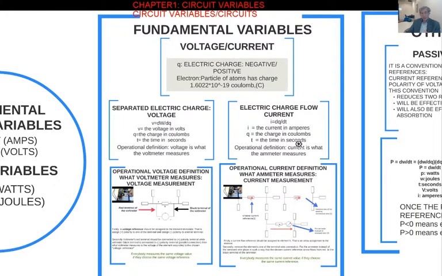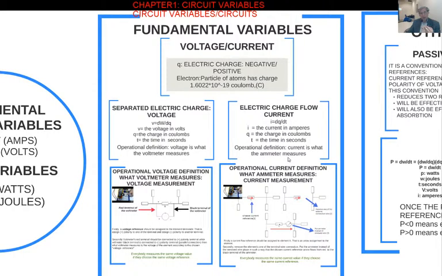So similarly, the operational definition of the current is what an ammeter measures. There is an equipment which is called a meter, that measures the current. In practice, there is just one equipment. It is called a multimeter. That multimeter measures voltages and amperes as well.